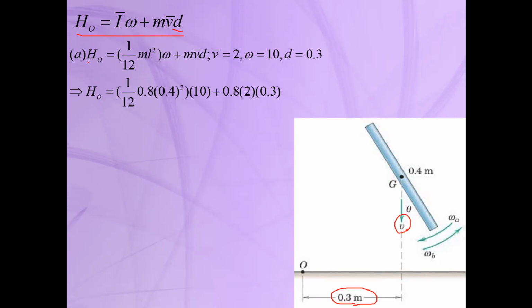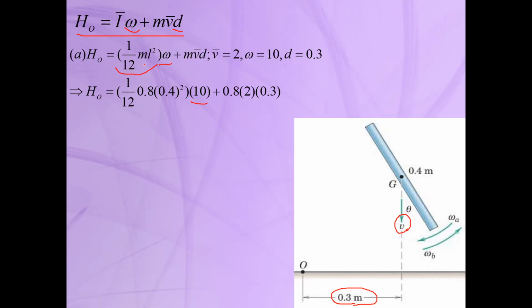So H_O in part A: because omega in this case is in the clockwise direction, the moment due to this omega is clockwise. We assume, for example, that the clockwise direction is positive, so omega will be positive. As you can see here, we substitute omega equal to 10 radians per second. We have I-bar, the mass moment of inertia about the mass center.